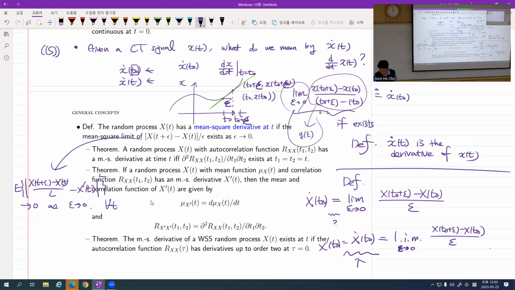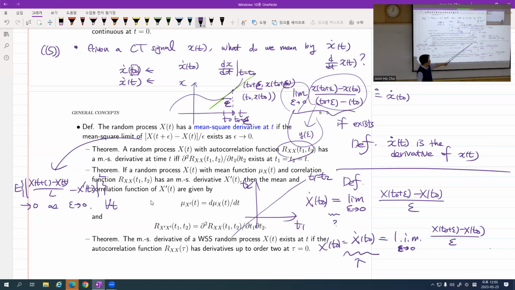So again, here you have a two-dimensional function and consider this line of t1 equals t2. And this theorem says that your random process with autocorrelation function has a mean square derivative.